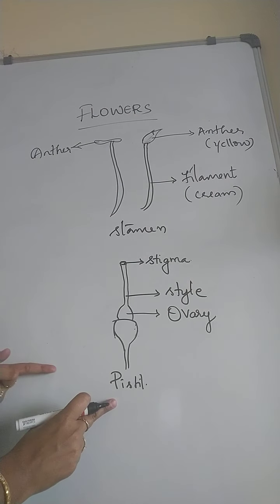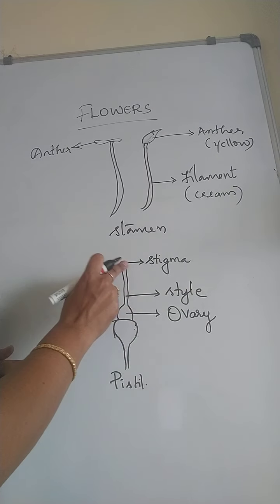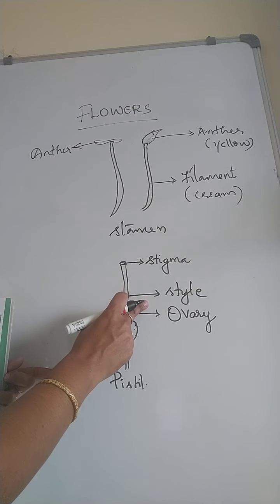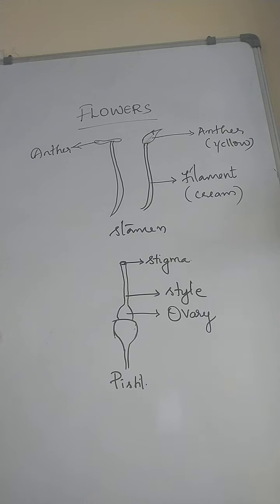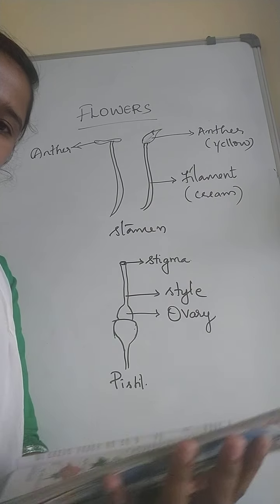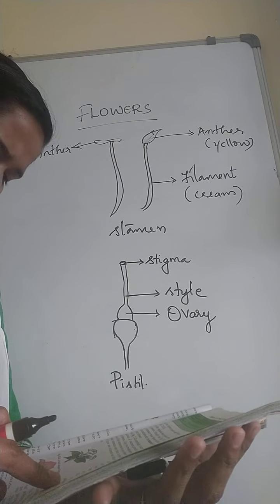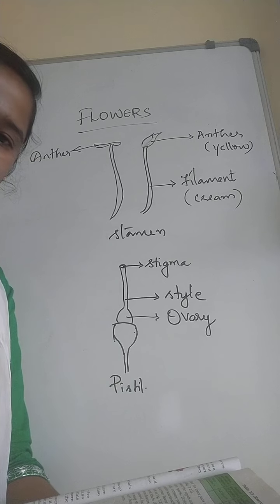Next you can see the diagram of the pistil. The pistil has three parts. The bud-like structure at the head is called stigma, the rod-like structure is called style, and at last you can see the ovary. I hope you all understood this. So draw a neat diagram of the pistil of your flower. Okay, children.